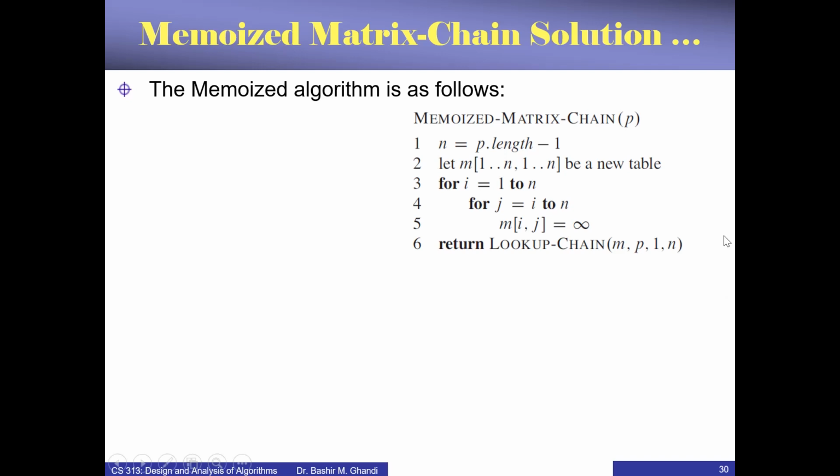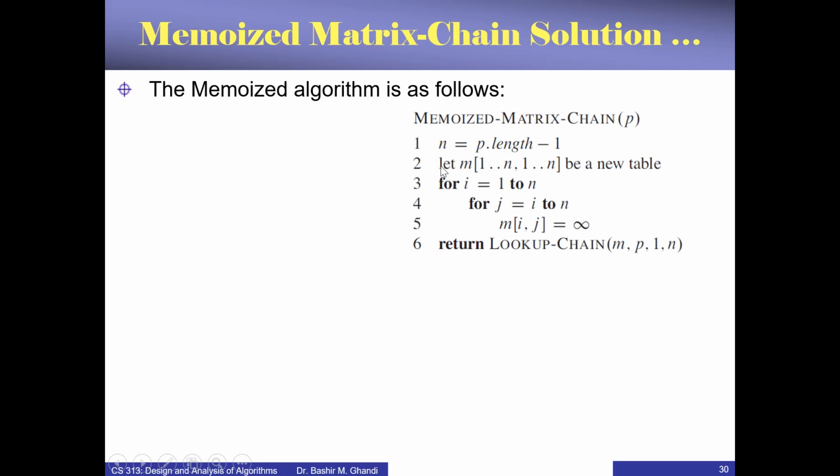One part will just initialize an array. So this is the one to receive just the array of dimensions, compute n, the length of the chain. It's going to be one less than the actual array of dimensions, because as we said, the array of dimensions has an extra value for the p naught.